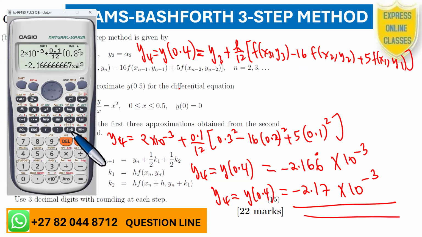So we got minus 13 over that, which is minus 2.166 recurring times 10 to the minus 3, which is minus 2.17 times 10 to the minus 3. And this is the answer.